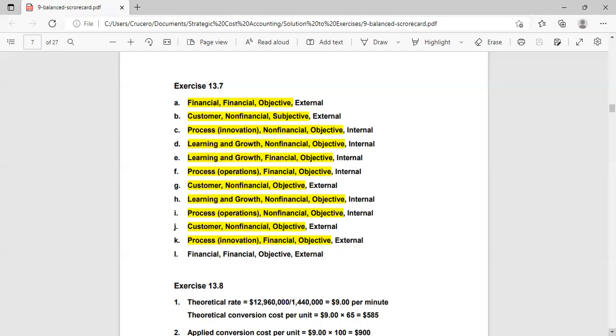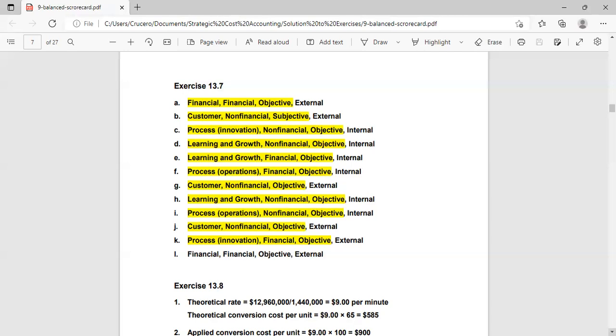In letter A, product profitability. So how do we consider product profitability? It's financial, objective, and external. For product profitability, we are now using activity-based costing.